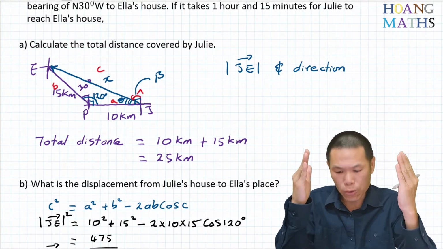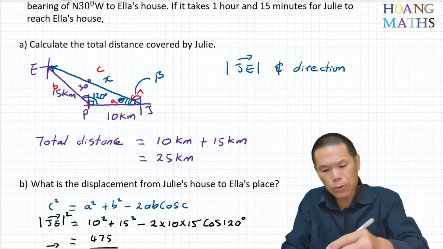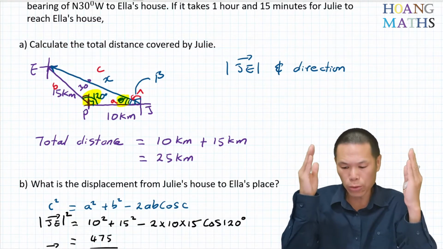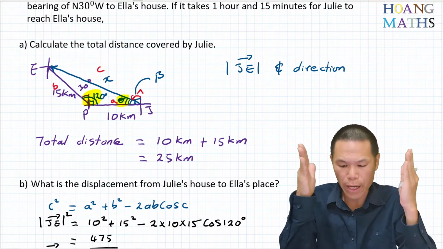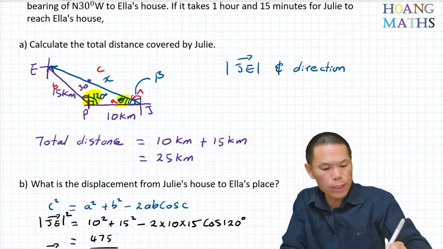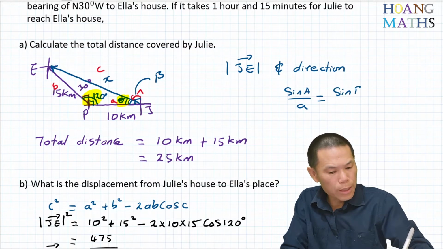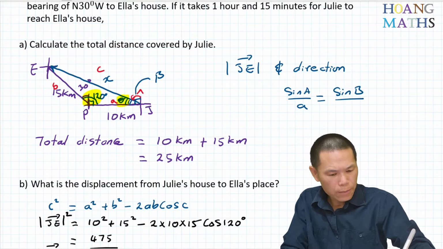To find angle theta, we have two angles, so we use the sine rule. The sine rule is sine A over a is equal to sine B over b.